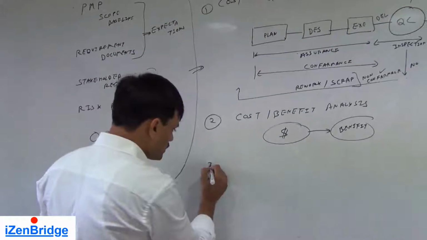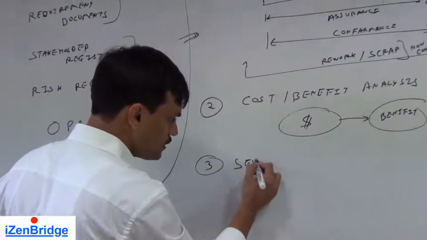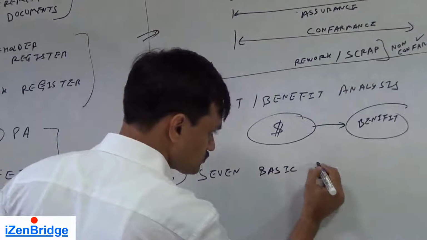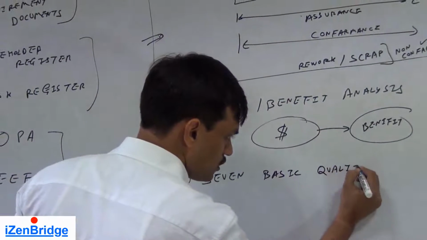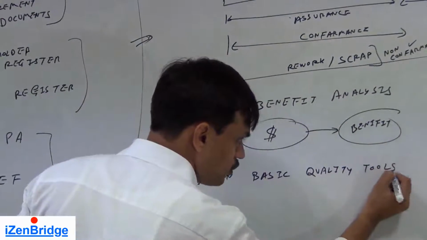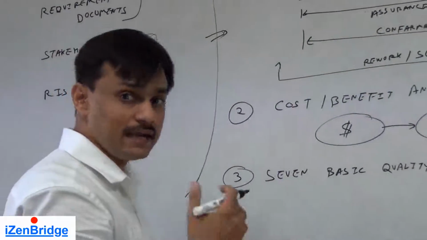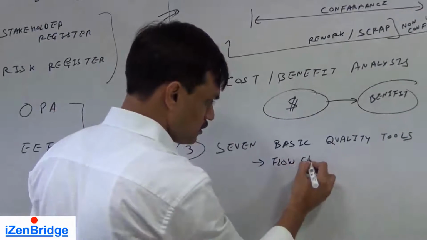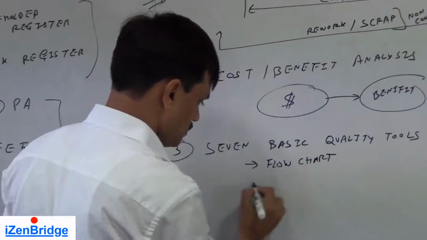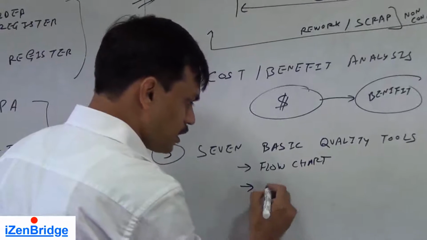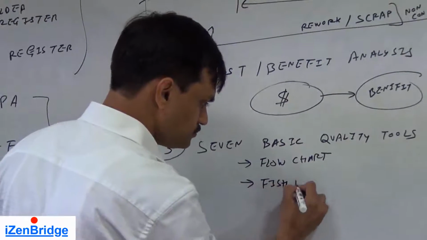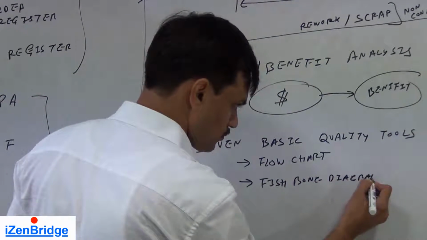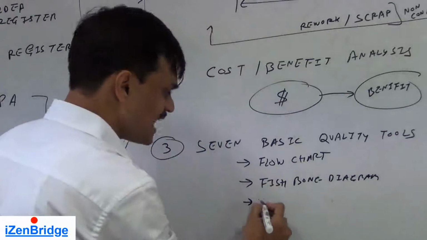We also use the 7 basic quality tools. In our previous video, we spoke about these tools at length. These tools are like flowchart, Ishikawa diagram or fishbone diagram, scatter diagram.